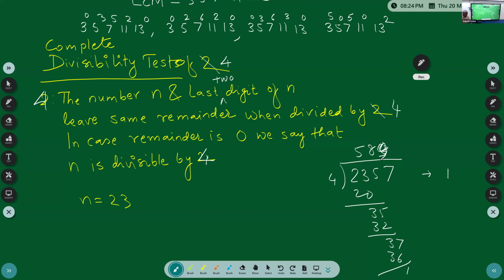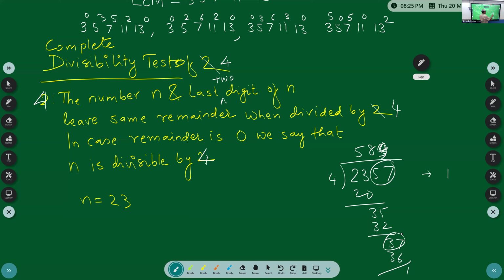You are very smart, speaking ahead, so I can't follow. 2 square is 4, 2 cube is 8, that is all correct. But why should the last two digits, 57, give the same remainder as when we actually divided? They are not the same number, but still the divisibility test says that whatever remainder you get from the last two digits, you are bound to get the same remainder when you divide the big number by 4.